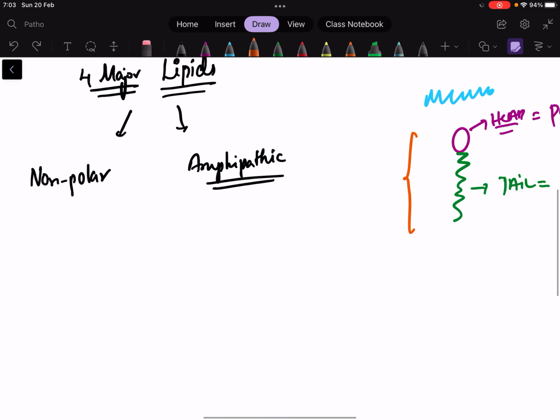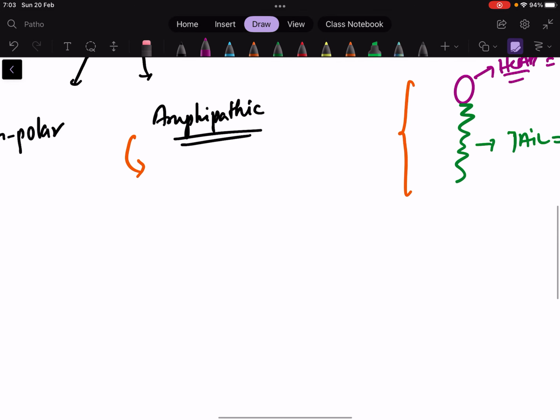So what are the two types of amphipathic lipids? Suppose this is a lipid, let me draw this clearly. On this lipid there are phosphates attached.